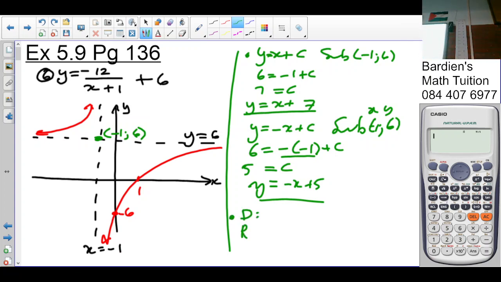Then I ask you to work out the domain of this graph and the range. What is the domain of this graph? X is an element of all real numbers, x is not equal to negative 1, which is your asymptote. What's the range of this graph? Y is an element of all real numbers, y is not equal to 6.